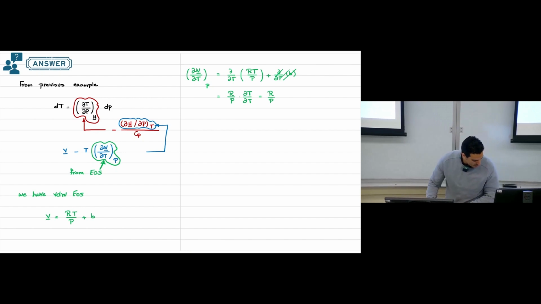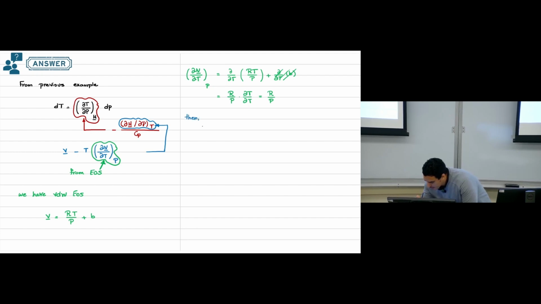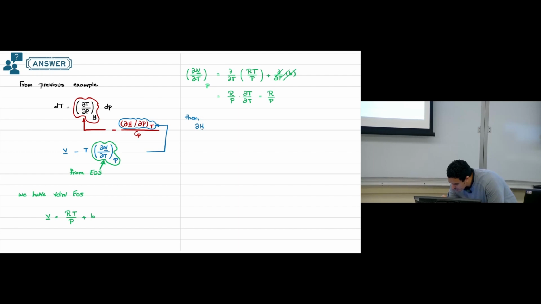Okay, so put the equation we have here. We can say that dH by dP at constant temperature is V minus T dV by dT at constant pressure.